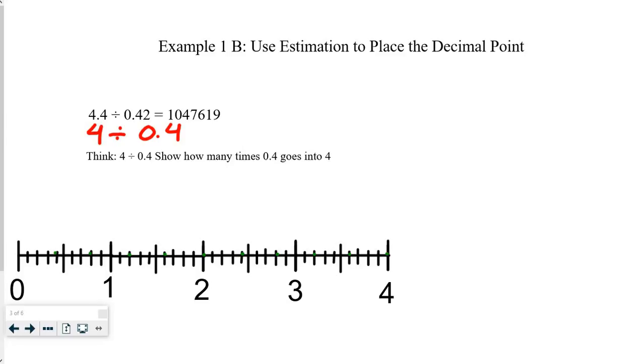So we can count. Every dash on this number line is 0.4. So that's 0.4, that's 0.4, this is 0.4 here, and this is 0.4 here. As we count those up, those are all the 0.4s between 0 and 4.